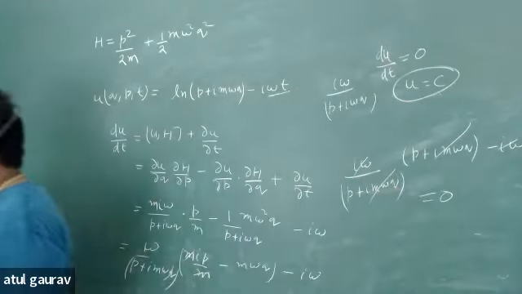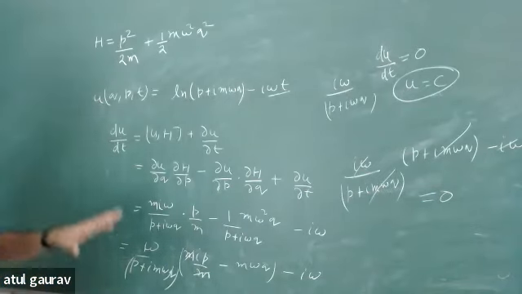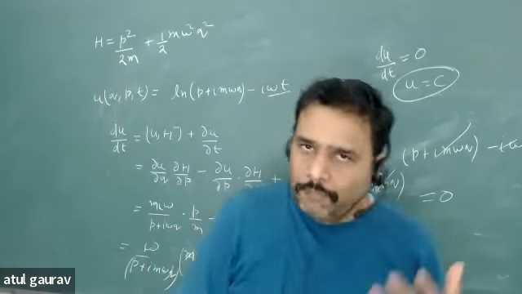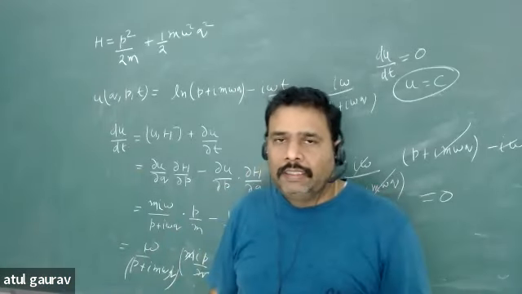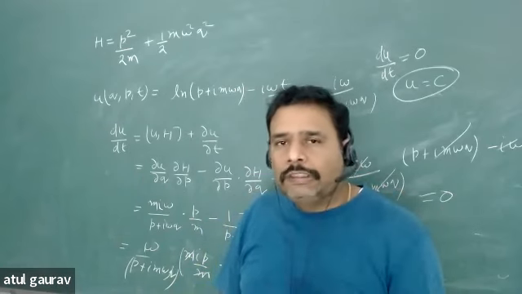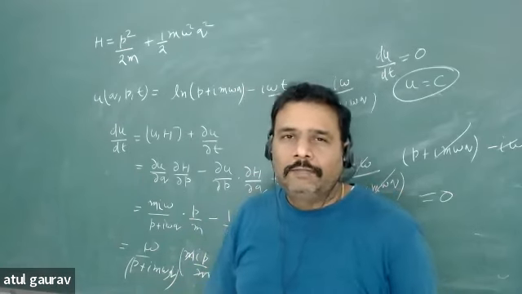So you can see every problem, if we are the student of physics, then in each and every problem, we have to try to see the internal symmetry of a system.